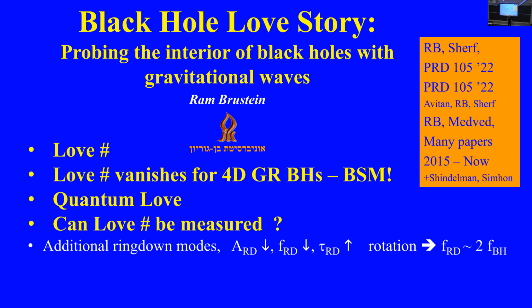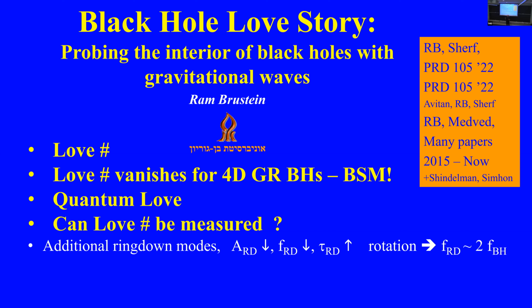The slowest decaying. So the standard quasi-normal mode comes out, and then there are additional modes that come later with a much lower frequency and a much longer lifetime. So the amplitude is much smaller compared to the standard. In that sense, they are invisible.